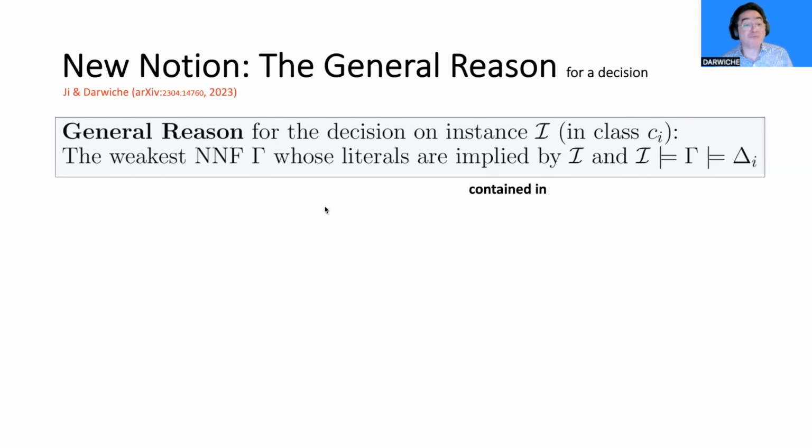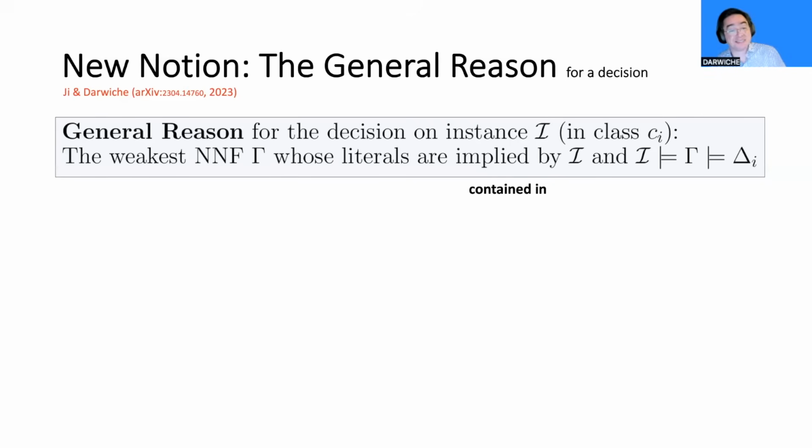When you are coming up with this condition that represents an abstraction of the instance, and it is the weakest one that is a description of the instance and that triggers the decision, I'm not going to constrain you to only use literals that appear in the instance, but I'm going to constrain you to use literals that are implied by the instance. All right?